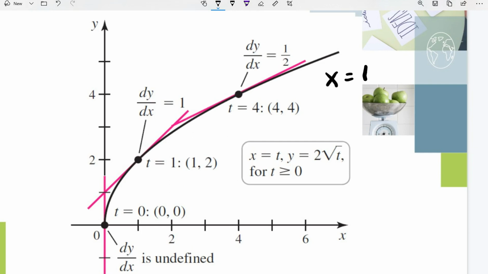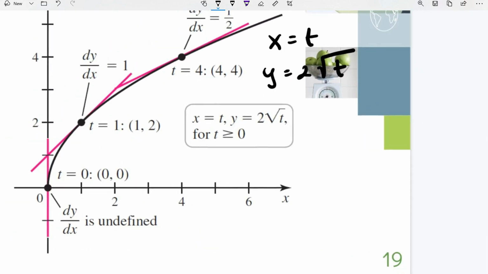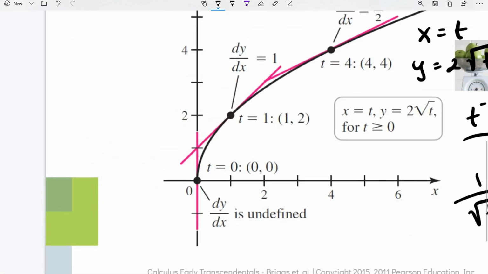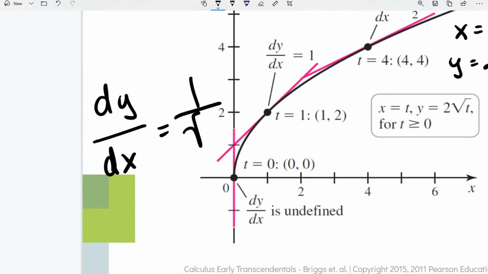If we stack these and take the derivatives, we get, let's see, moving the 1/2 out front would cancel with the 2, so we just get t to the negative 1/2 over 1, which is better known as 1 over root t. So our derivative is 1 over root t. We could write that as dy/dx is equal to 1 over root t.